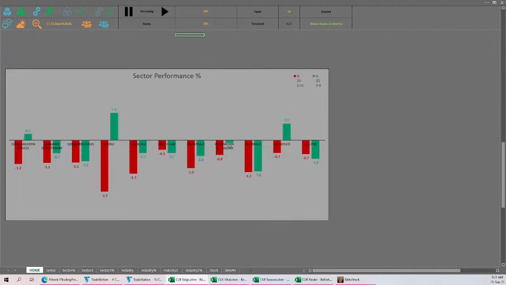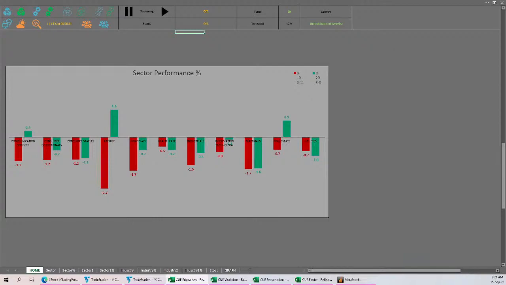Now if we look at the sectors performance, over 1 day all sectors are down. Over 2 day, 3 are up, 8 are down. Which 3 are up? Communication services, that may be considered a defensive sector. Energy is up over 2 days, but energy is being up down.